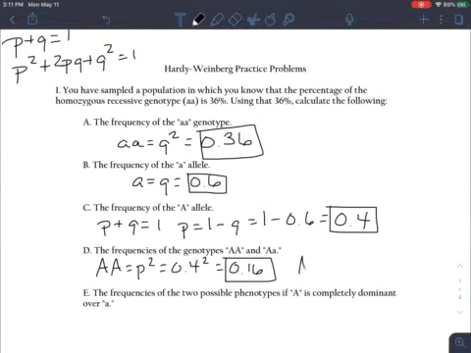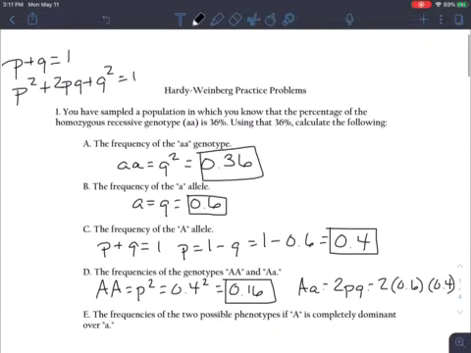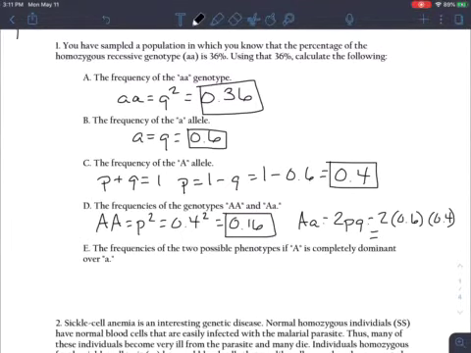And then my big A little a is 2pq, which equals 2 times 0.6 times 0.4, and that is going to equal 0.48.